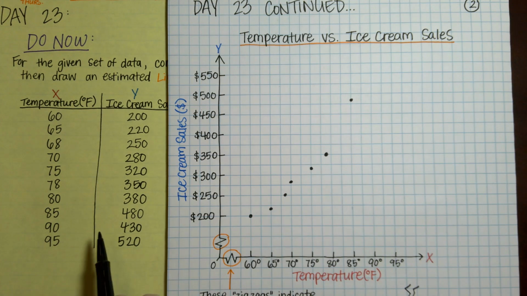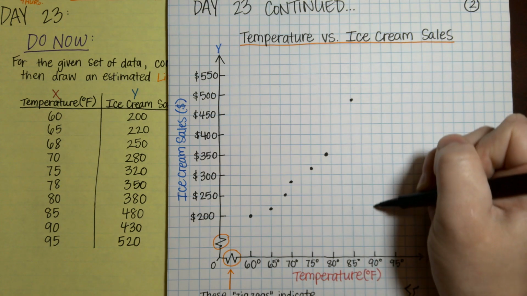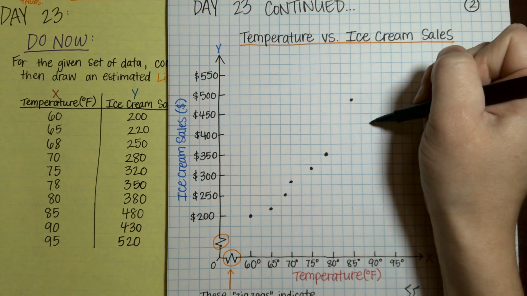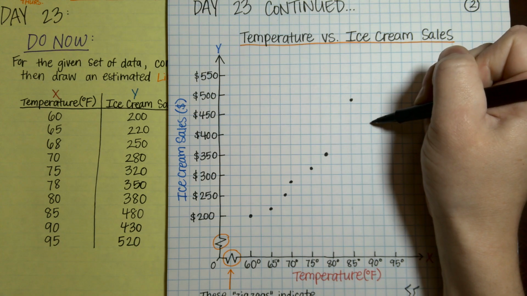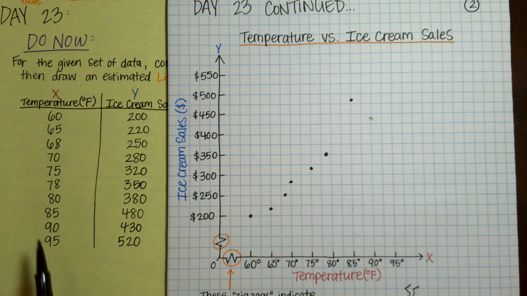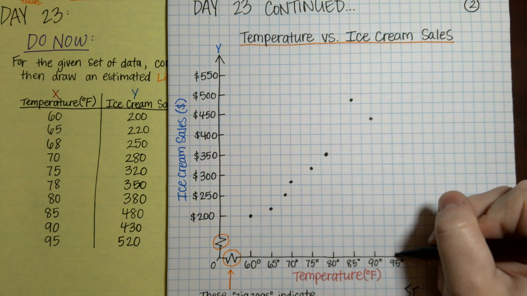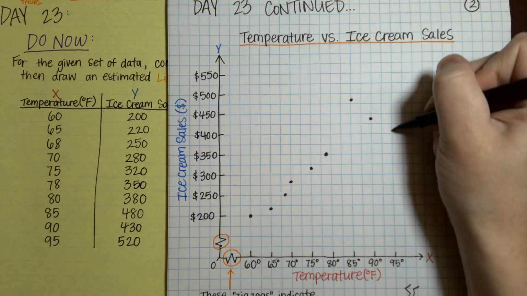All right, next we have 90 degrees was $430, so up to 90, 430. There's 425, a little above. All right, and last but not least, 95 and 520. So up, up, up.